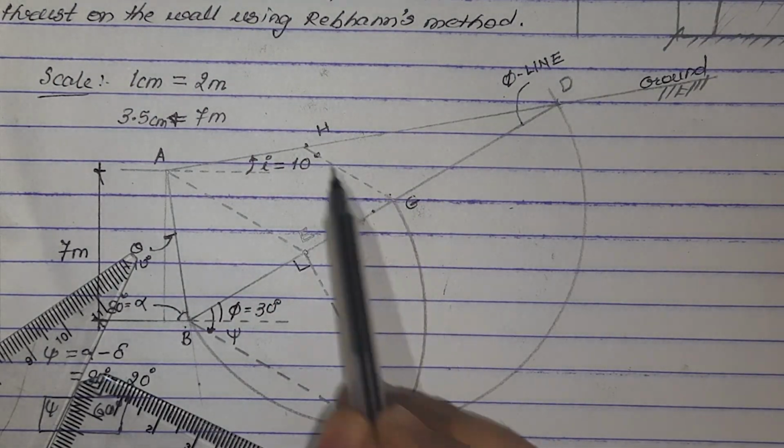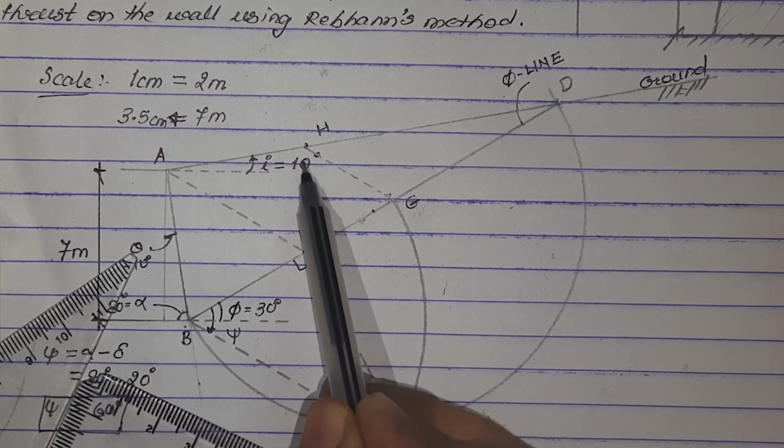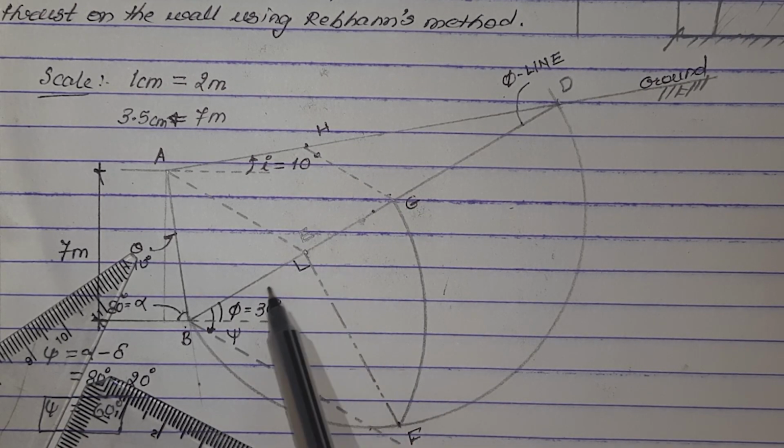Again, take GH as radius and draw an arc so that it will intersect this phi line again. Let us draw it.